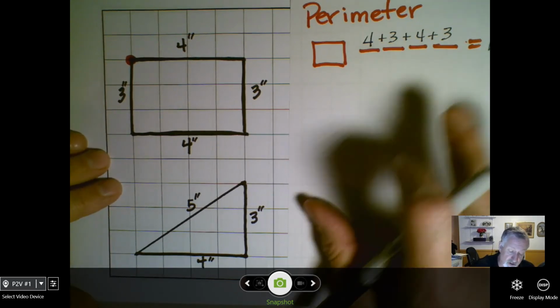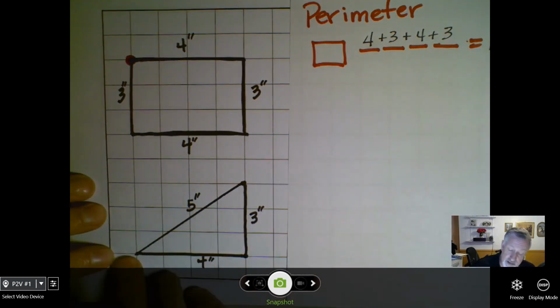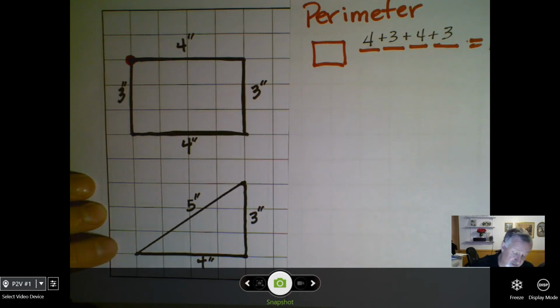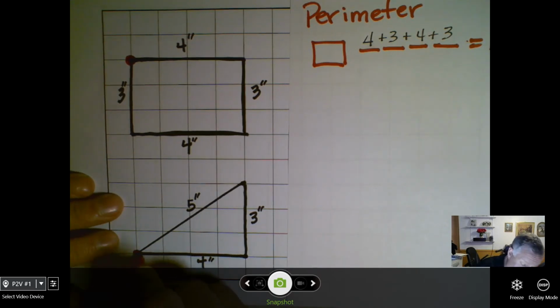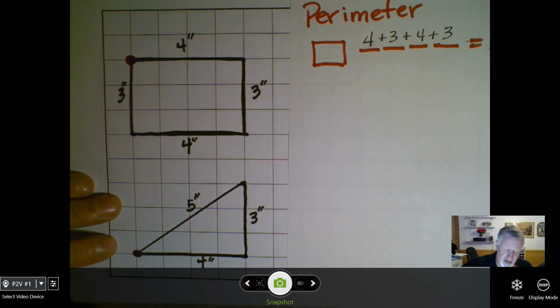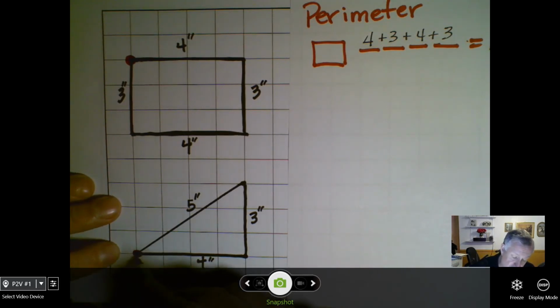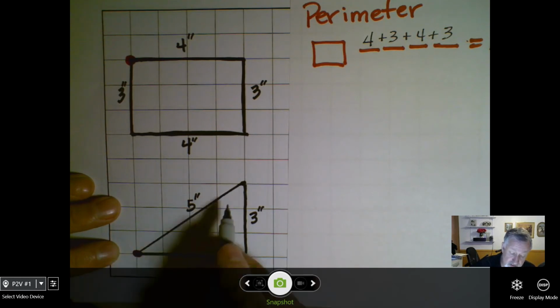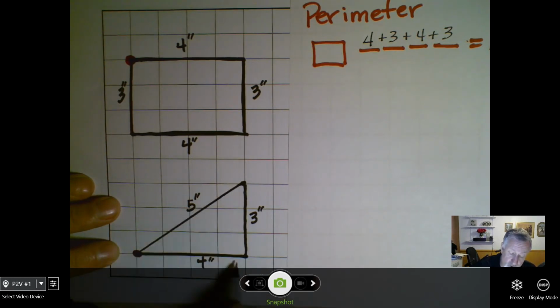And for a triangle, we don't have to worry about doing half anymore. We just have to pick a starting point. Again, we are doing a one-dimensional measurement. You can go any direction you want, but you have to make one complete lap around the triangle. So let's begin here.